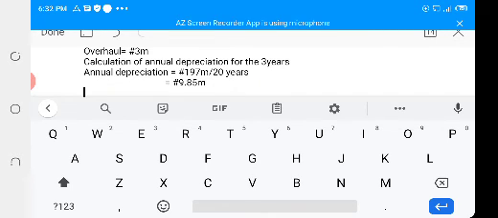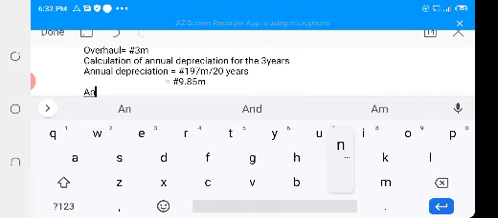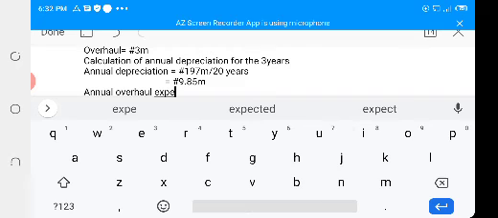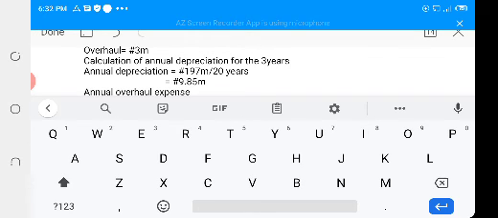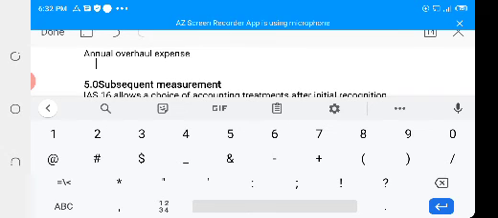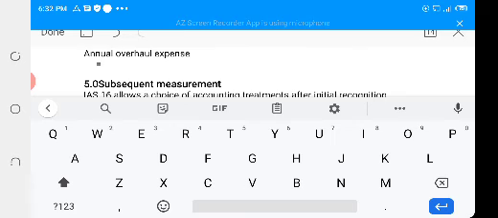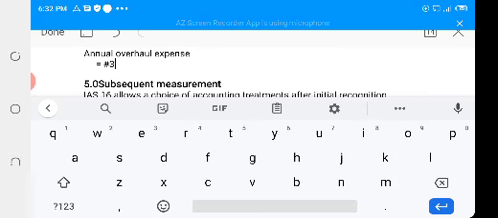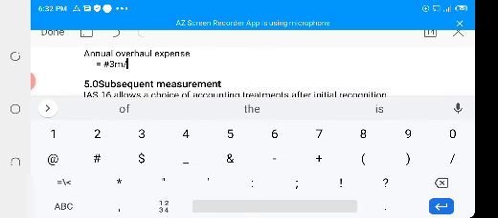Now the annual overhaul expenses that will be charged to profit or loss every year will be 3 million divided by how many years? 3 years.